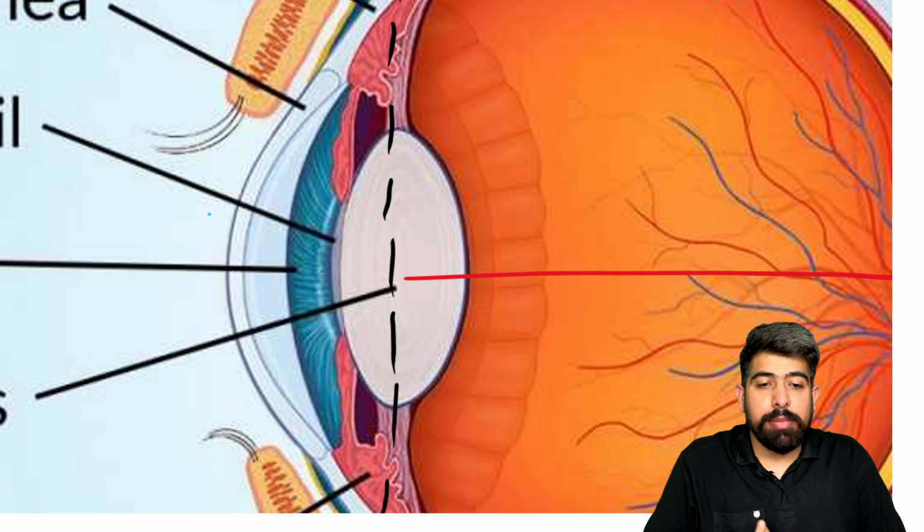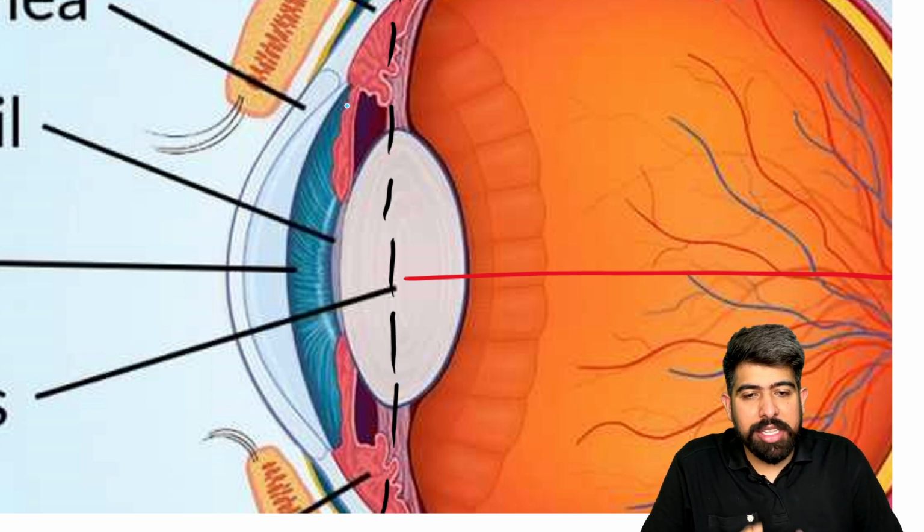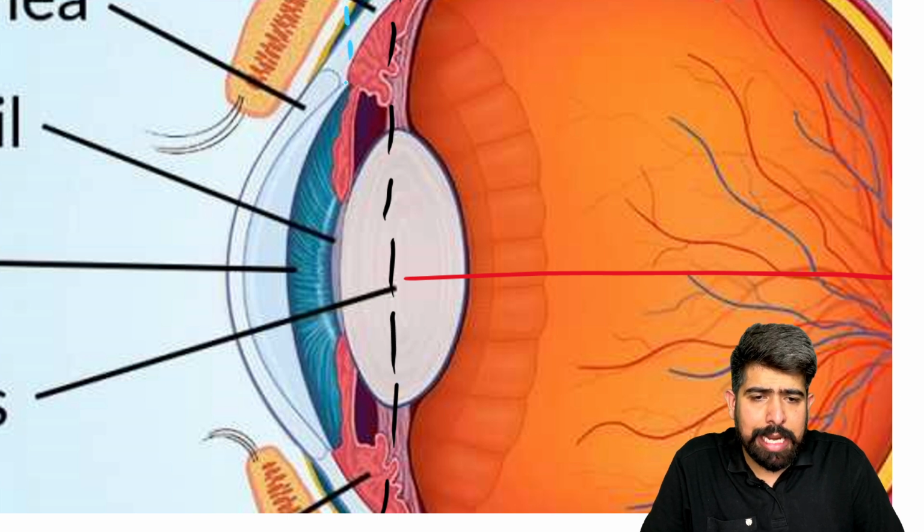Earlier, for dividing the segments, I chose the lens as the landmark, but this time I have to take the iris. So I'm drawing one more imaginary line in the anterior segment, and this imaginary line will divide our anterior segment into two parts.